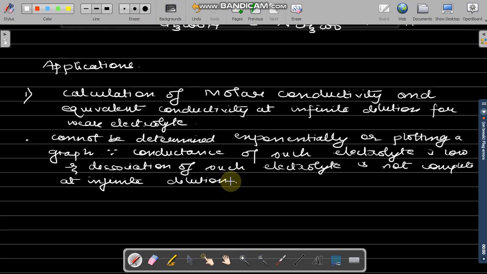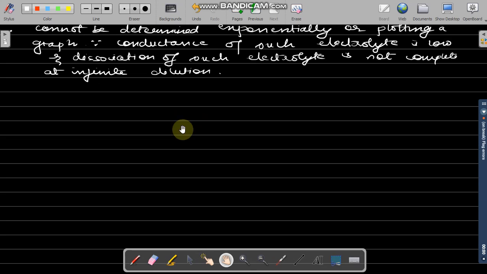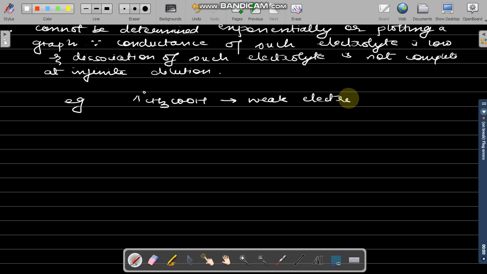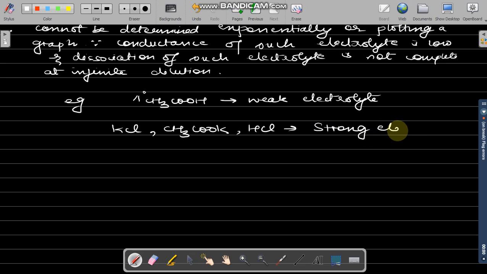Let's take an example to understand this. At infinite dilution for acetic acid, we know it is a weak electrolyte. Now, we use strong electrolytes for calculating it. It can be KCl, CH3COOK, HCl. These are strong electrolytes. Now, what happens?